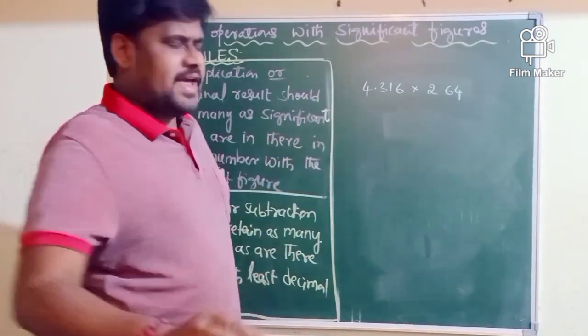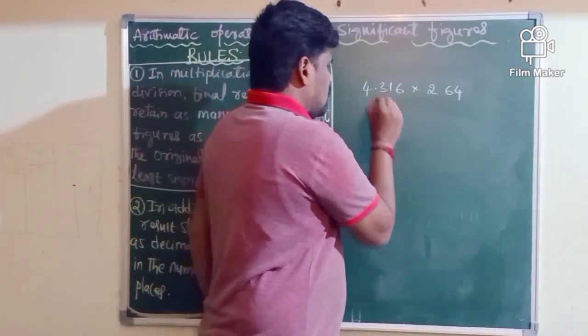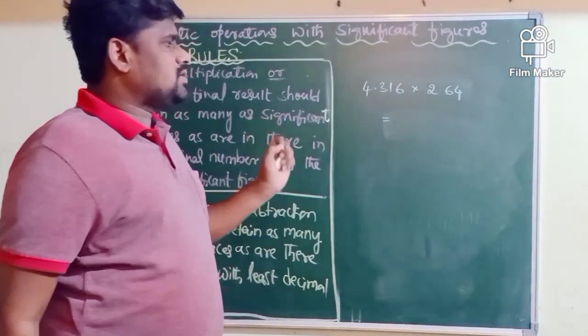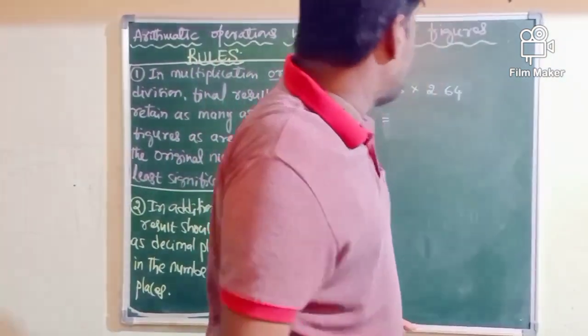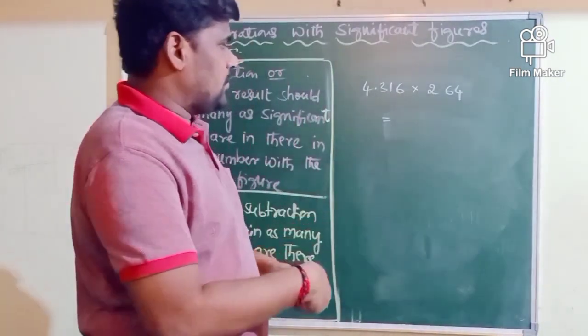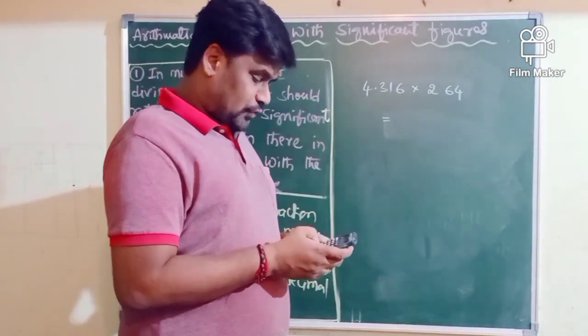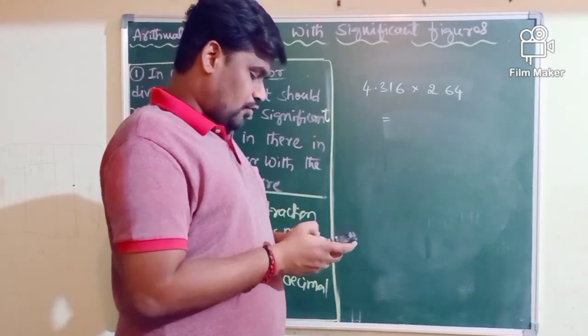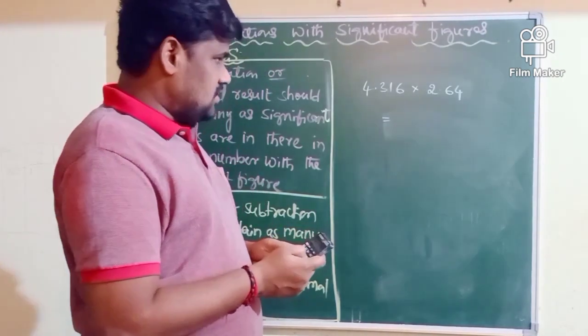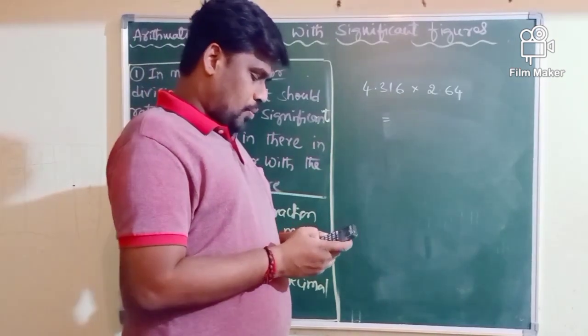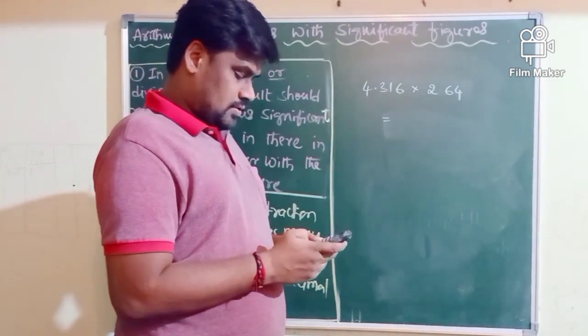First, as usual, we will multiply 4.316 with 2.64 here. Let me see the result. 4.316 multiplied with 2.64.